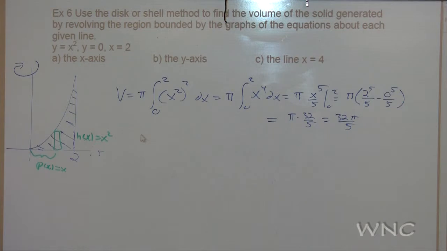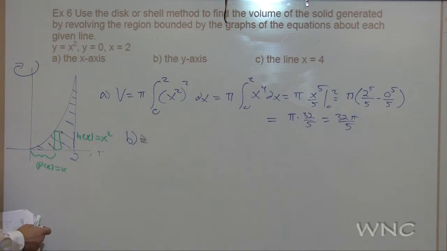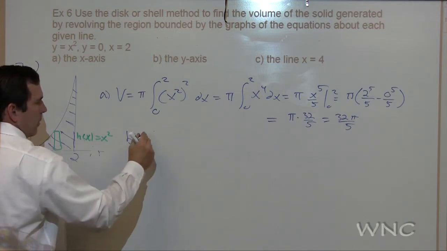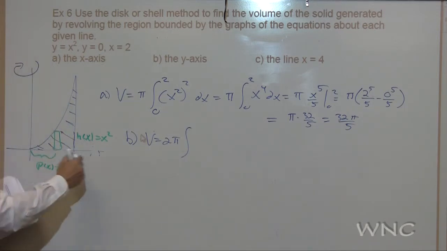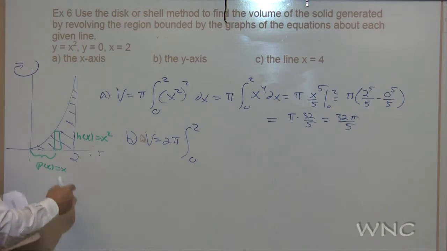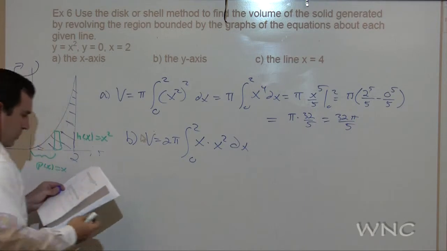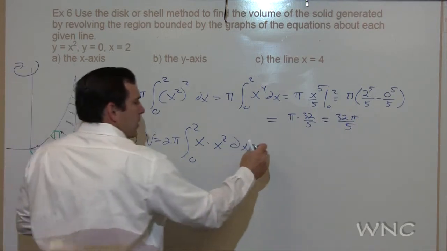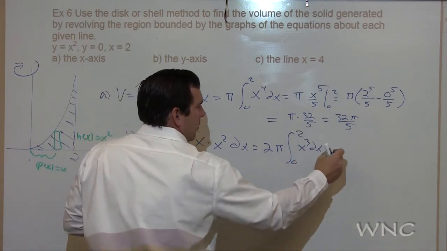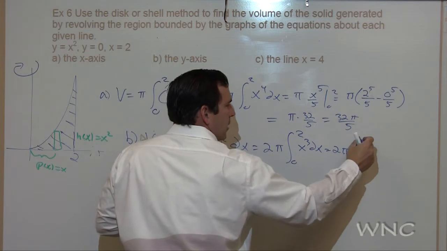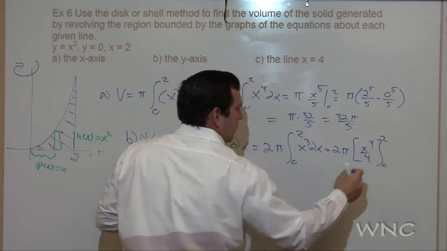So in this case, our volume is going to be 2 pi times the integral, and x is going from 0 to 2 still, p of x, which is x, times h of x, which is x squared, dx. 2 pi times the integral from 0 to 2 of x cubed dx, which is 2 pi times x to the 4th over 4 from 0 to 2.